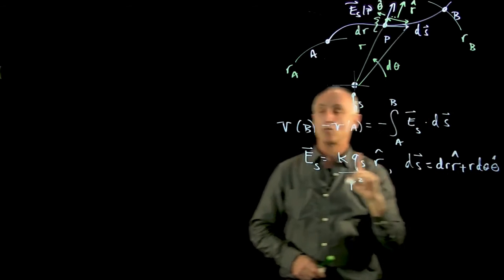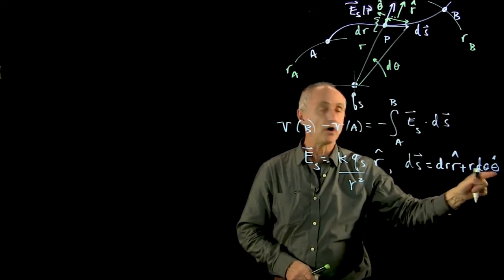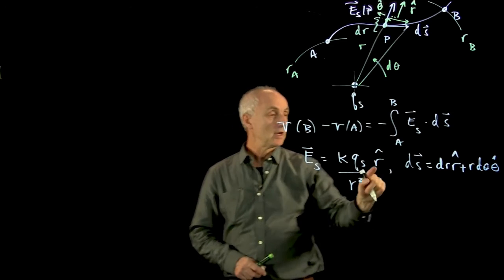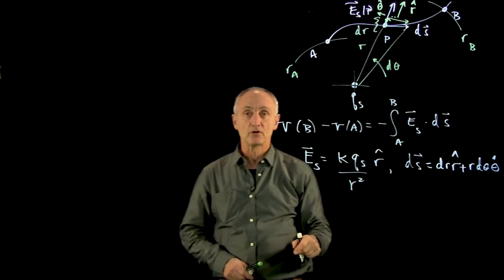But the tangential part won't make any difference because the dot product of r hat and theta hat is 0. And so once again, only the radial part matters.